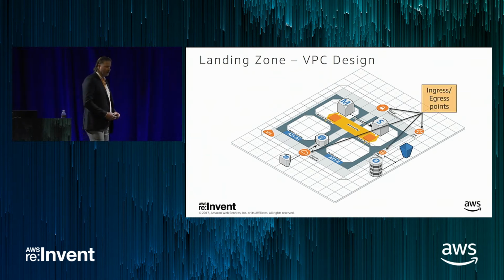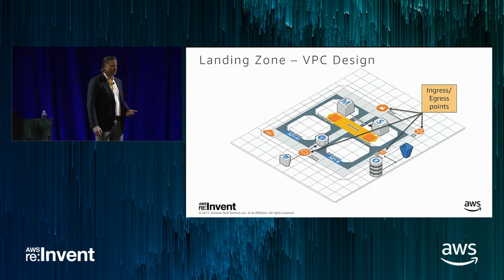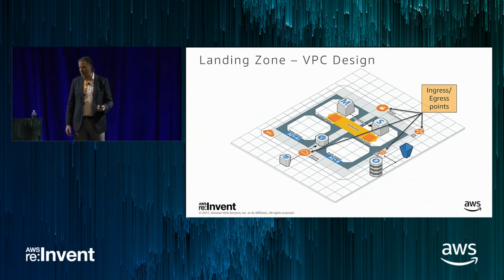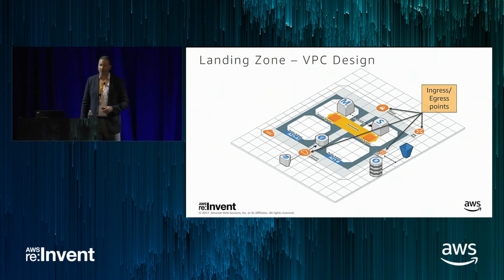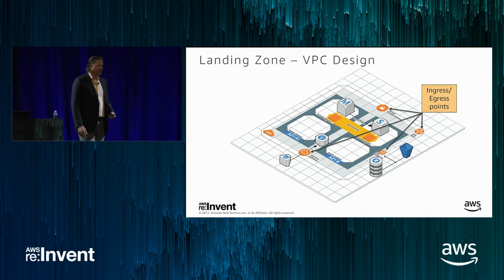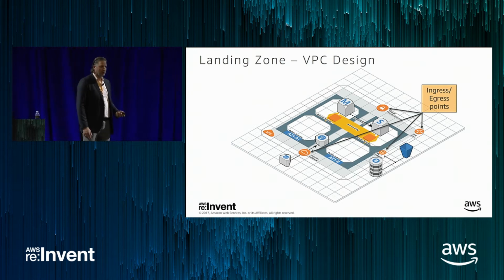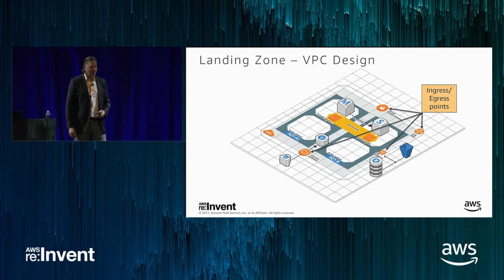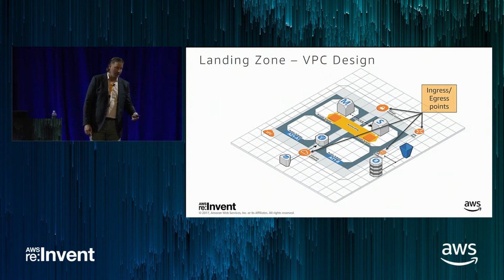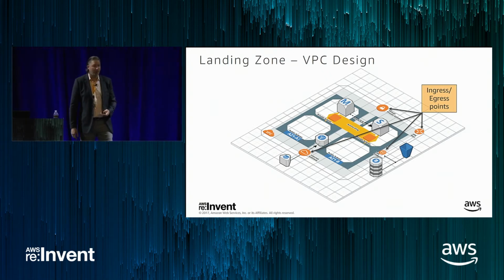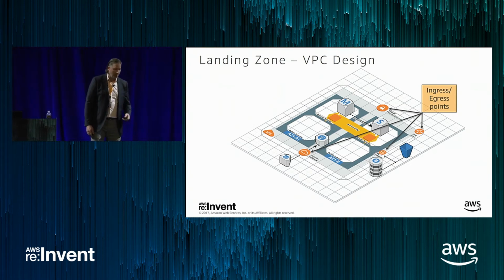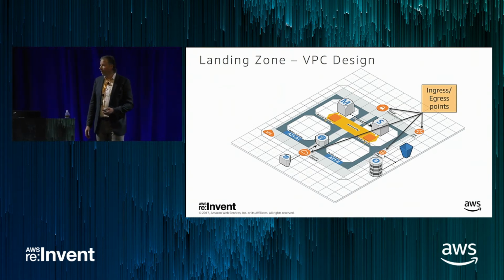The other one is to understand what the ingress-egress points to a VPC are. When you create a VPC itself, it's just an isolated island. You can't get in and out of it. So you have to add those ingress and egress points depending on the traffic you're trying to control and allow. Whether it's an internet gateway, a virtual private gateway for IPsec tunnels or direct private connectivity back to your on-premise, or VPC peering to do that one-to-one mapping between VPCs within a region, whether in your account or not.